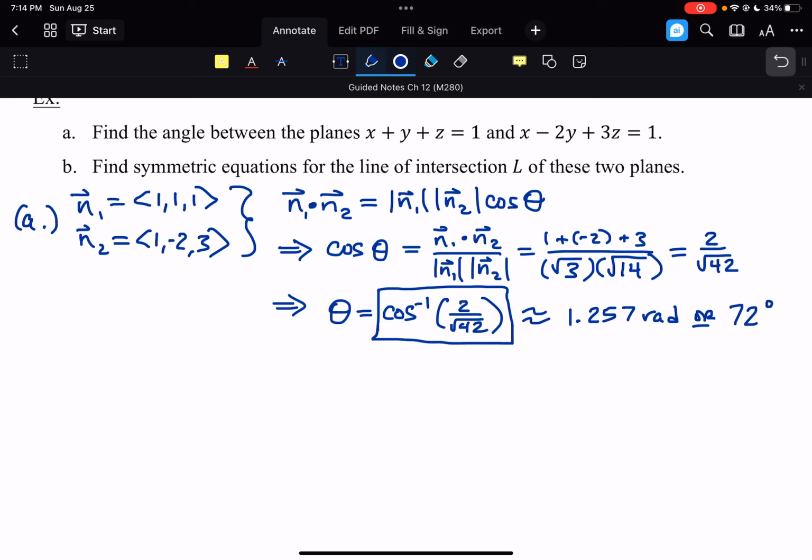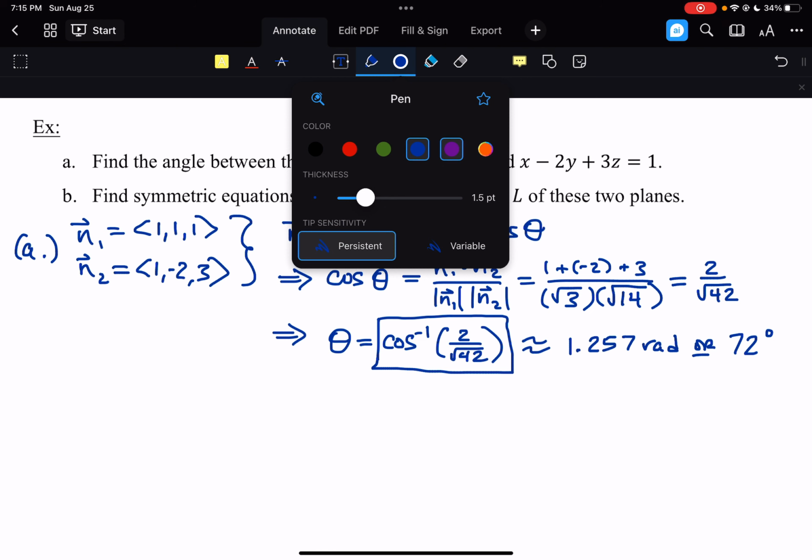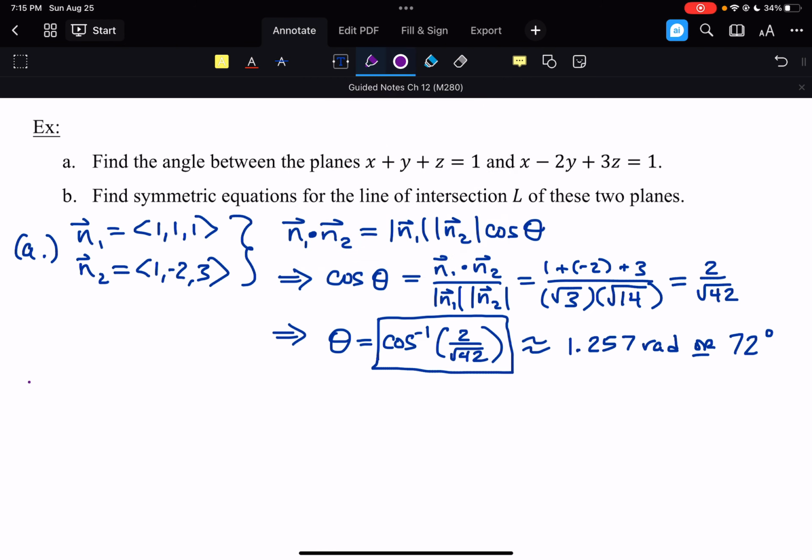Okay, so what we have here, let me go ahead and let me just draw this in here. So we have one plane up here, another plane up here, they intersect, so they cross through each other.